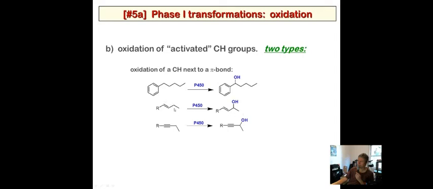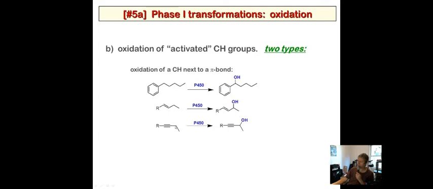Okay. If this is called benzylic, what's this called? This is called allylic. I think it's A-L-L-Y-L-I-C, or I forgot where the L's are. You could Google that, allylic. Okay. And so the allylic position is oxidized also by P450. And what about if next to an alkyne?